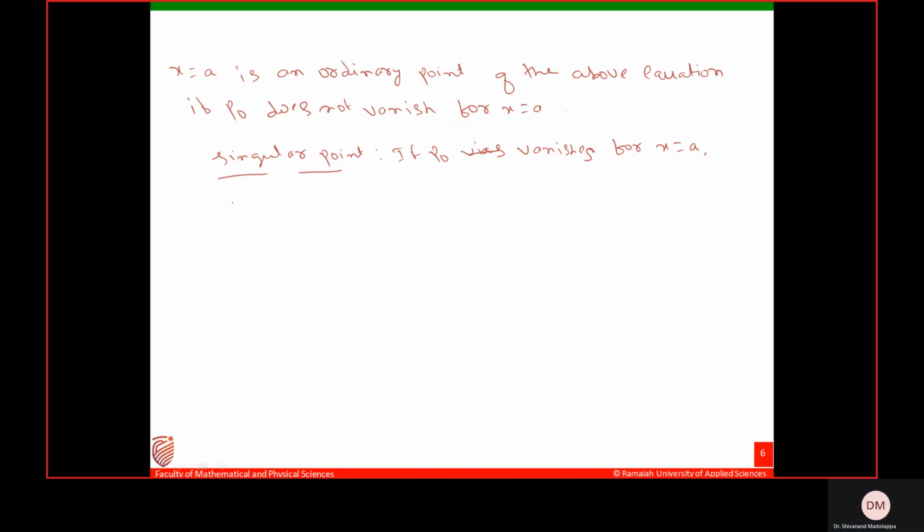Then x is equal to a is a singular point of the above equation.